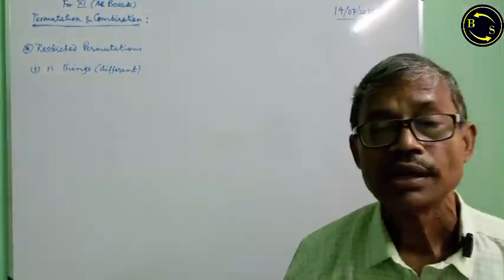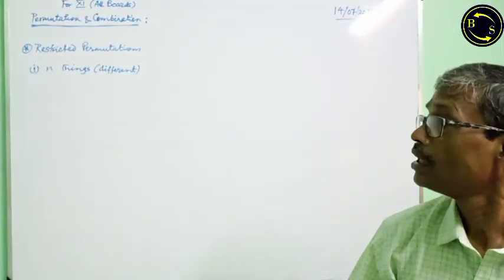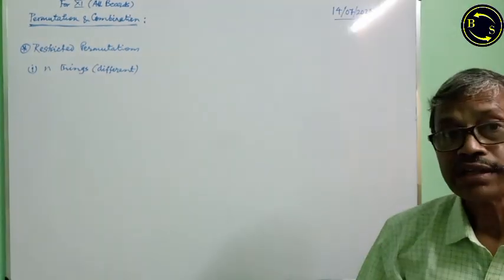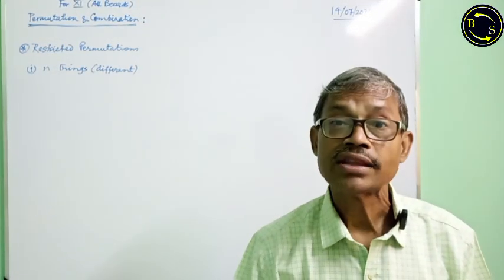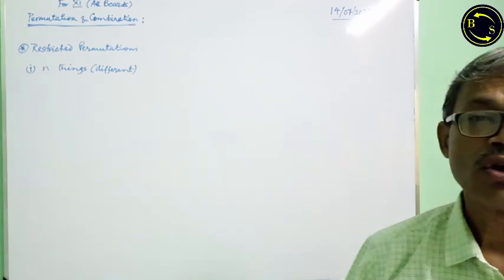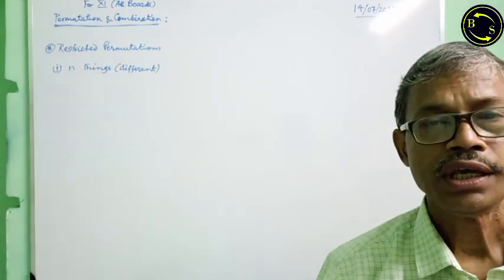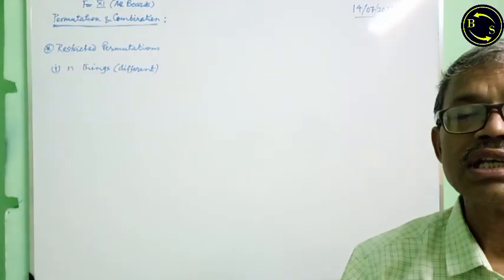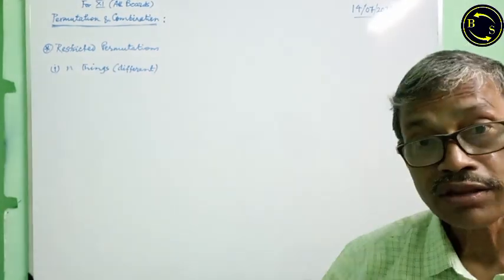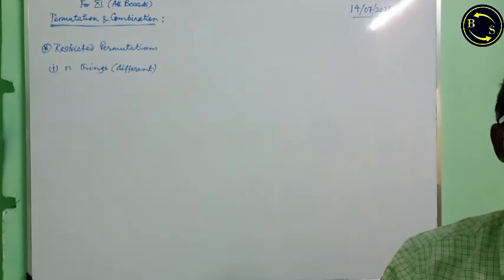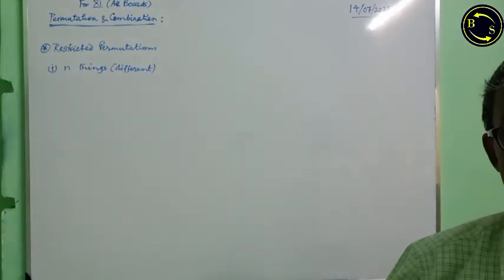You are taking r things and permuting. Now the restriction is that k things will not occur in any of the permutations. You are taking r things out of n things, and it is already mentioned that k things will not occur.